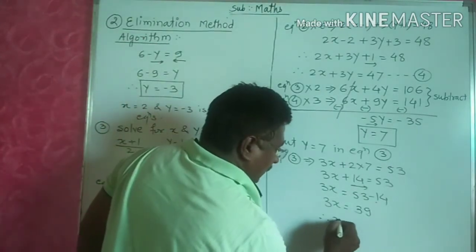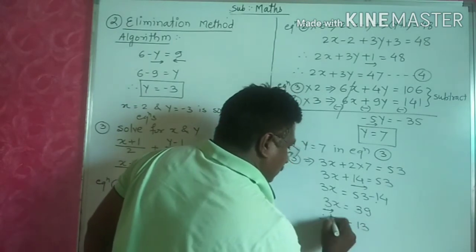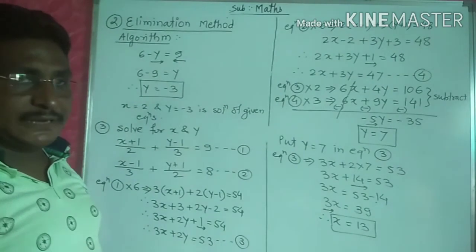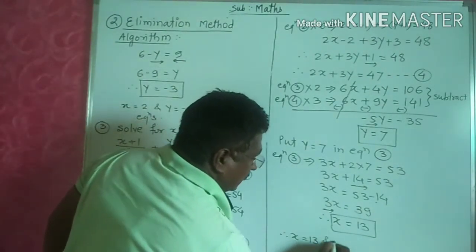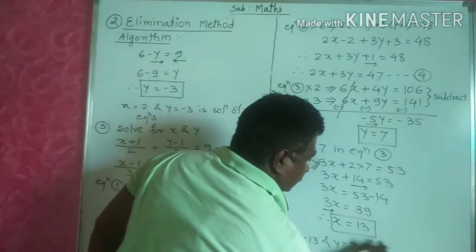So this 3 transfers to that side, x equals 13. So we got the values of x and y. Therefore x equals 13 and y equals 7 are the solutions.